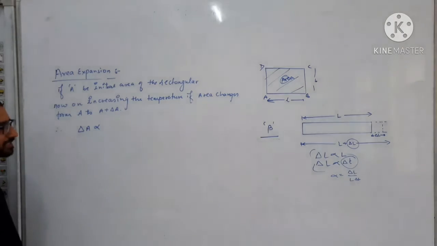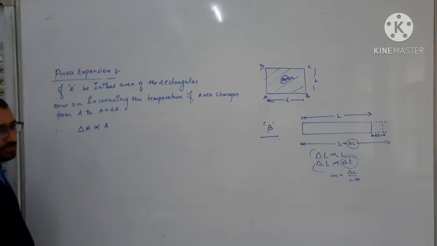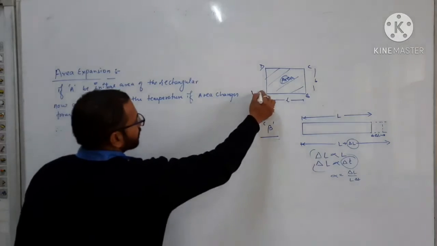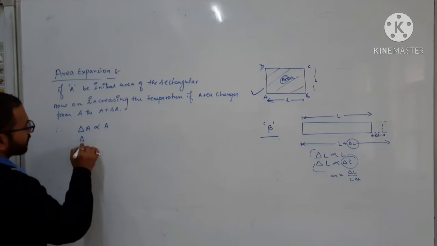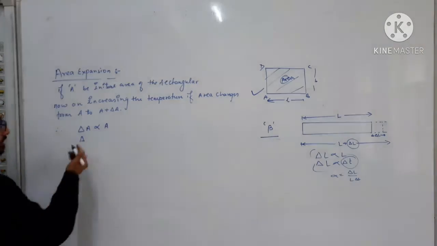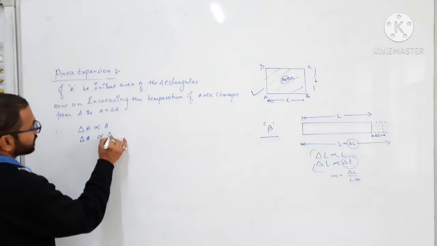It will also depend on some physical quantities. First, it depends on the initial area of the given two-dimensional object, which is here a square. You can consider it rectangular initially. And second, delta A is directly proportional to the change in temperature.